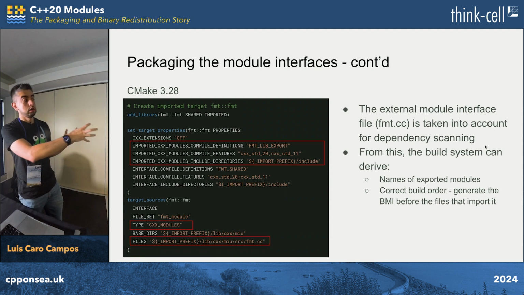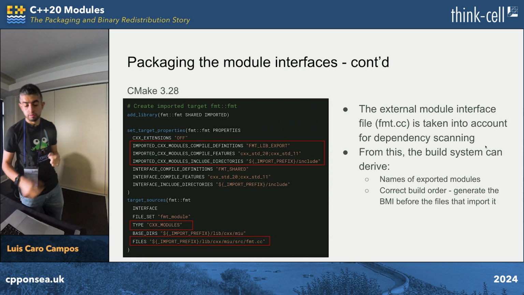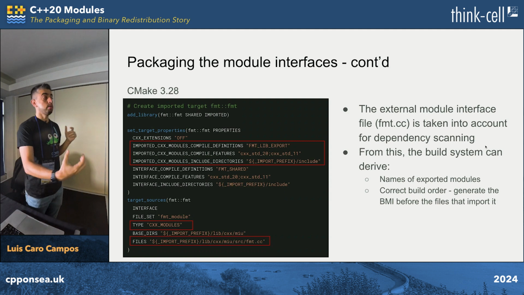On the importer side, CMake will parse this file, and from the information, it will involve fmt.cc in dependency scanning, and then everything will work. The good thing about this is that as a consumer, you don't have to worry about this. This happens under the hood.